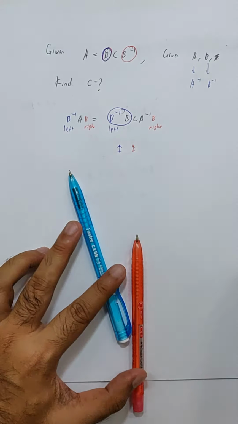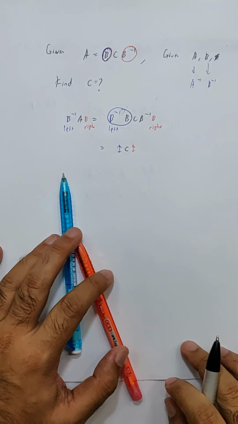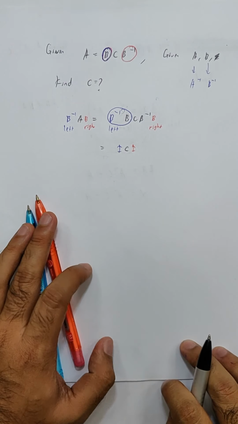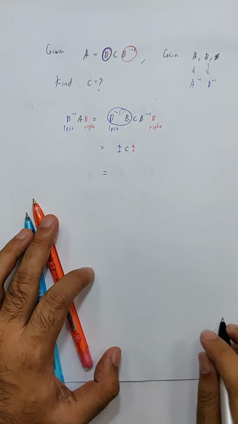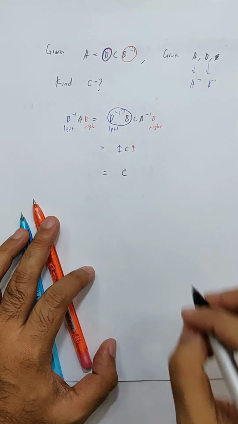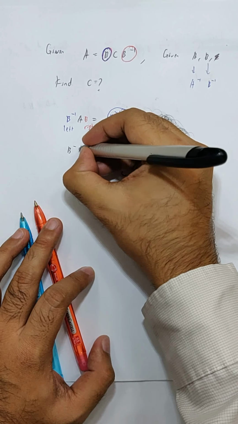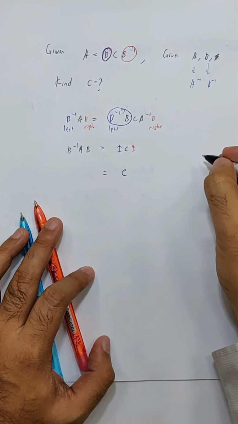I. Which give you a C to be standalone over there. ICI equals to C. Yeah, just kidding. ICI equals to C. To the left side, you still got yourself B inverse, which you can easily calculate them out.